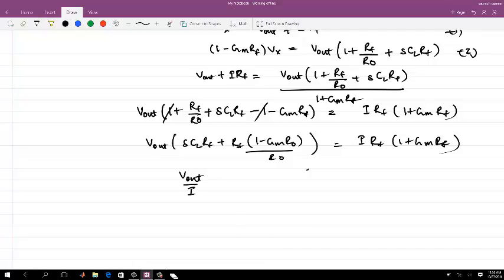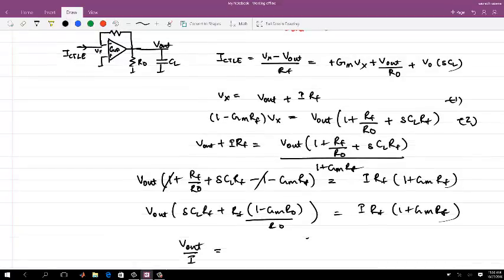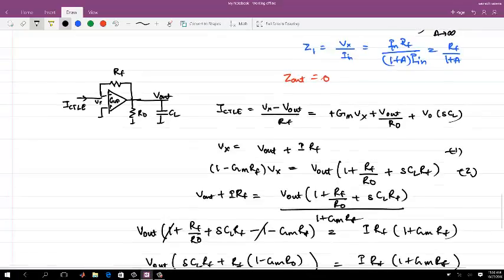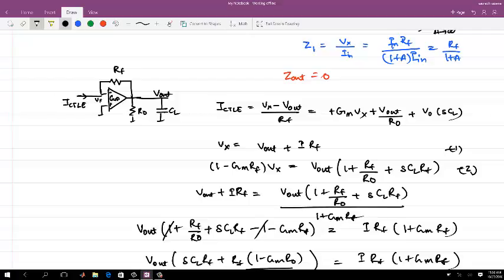And what's the DC gain of this Vout by I? If you assume that all the gains are going to infinity, GMRO is much larger, this will be RF, right? And what's the pole in that assumption?